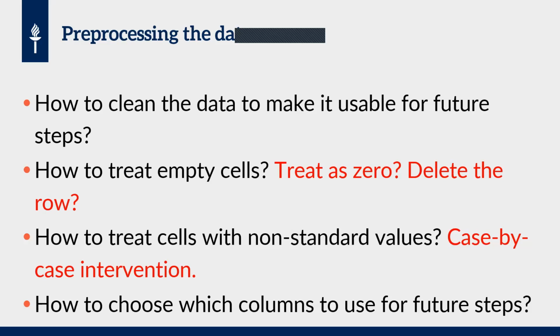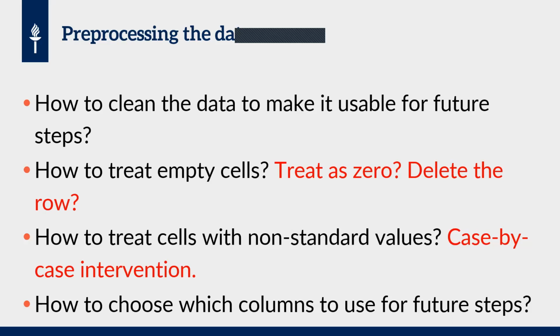So we can treat that value as 0. But if a physical property is empty, that does not mean that it's 0. It just means that they did not measure it. So we need to apply different strategies depending upon which cell is empty. Some of them we can treat as 0. The others, we just can't use that particular row at all for that particular column.